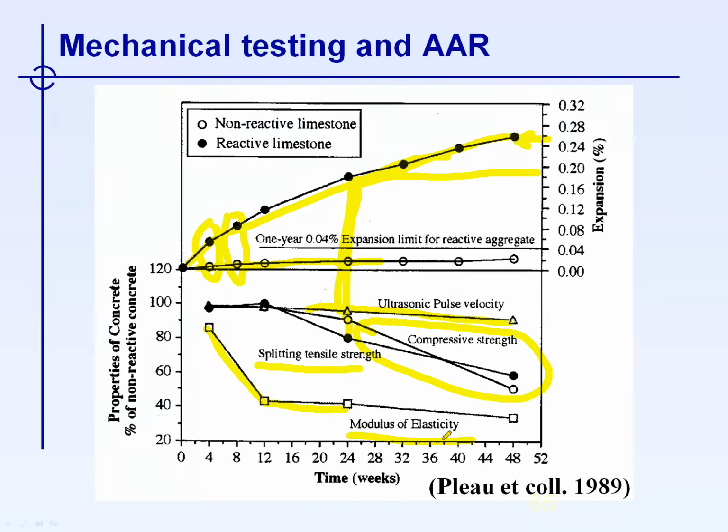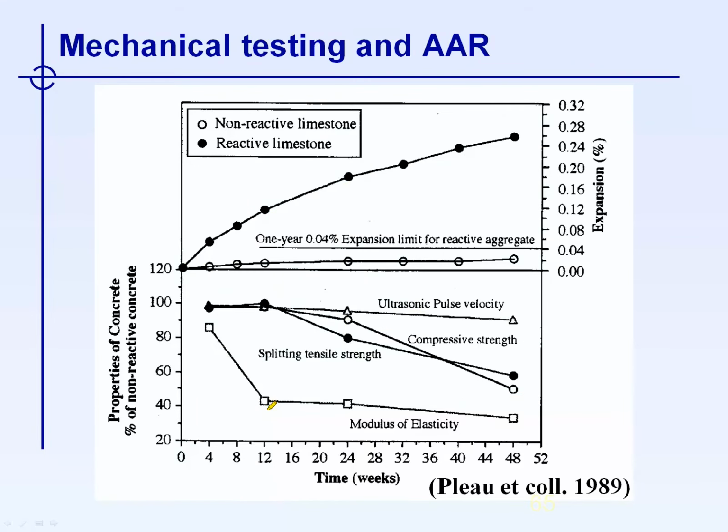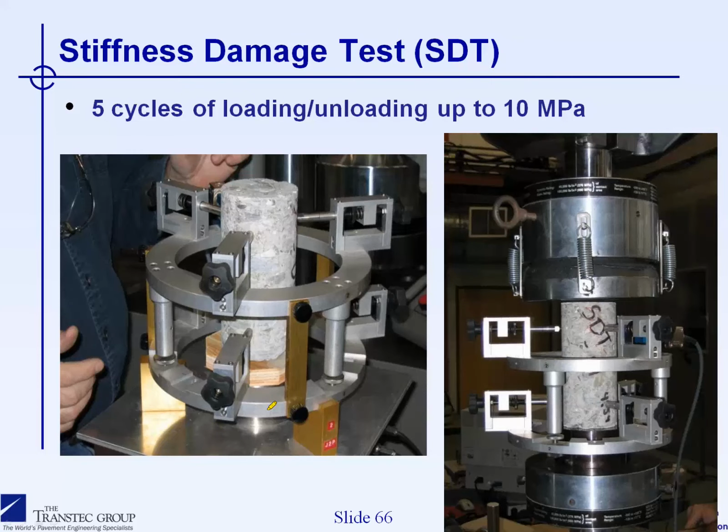But the most rapidly affected property was modulus of elasticity. As you can see here, shortly after expansion has occurred due to ASR, the modulus of elasticity actually was reduced extensively due to the internal cracking by ASR.